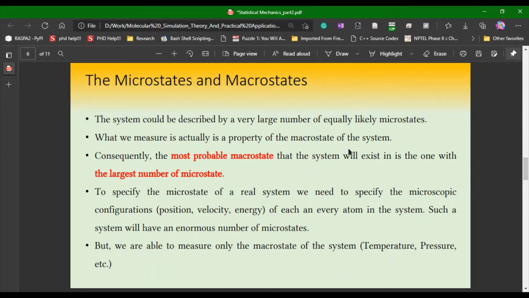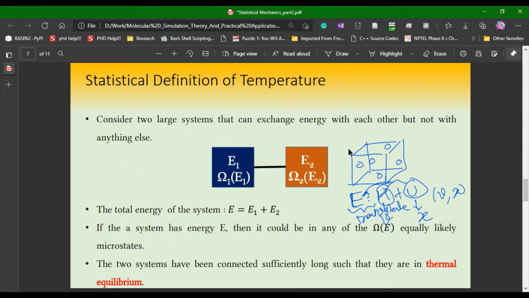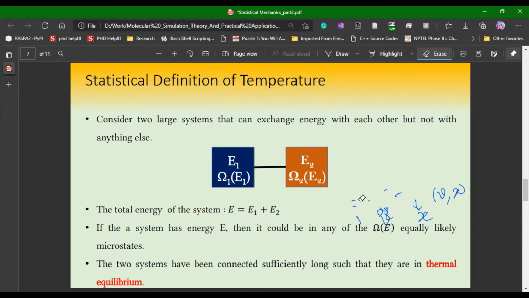So let's talk about the statistical definition of temperature. Let's consider two large systems that can exchange energy with each other, but cannot exchange energy with anything else.